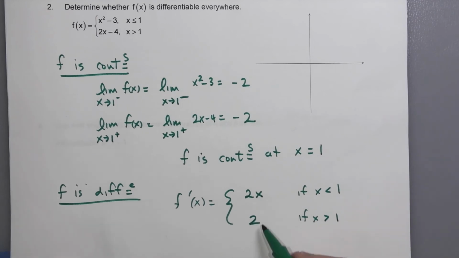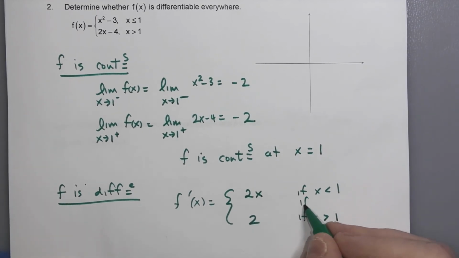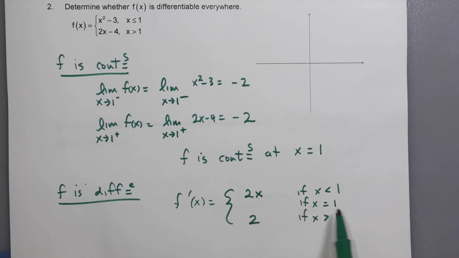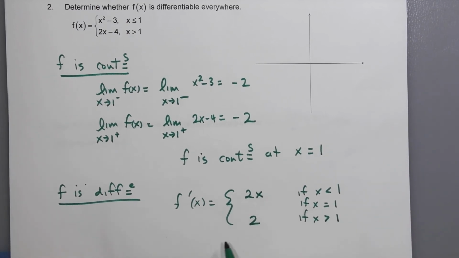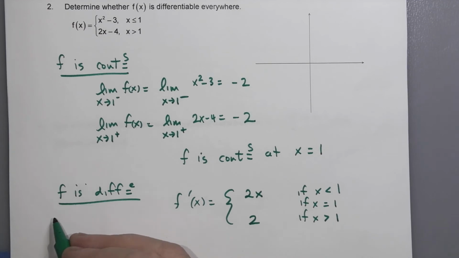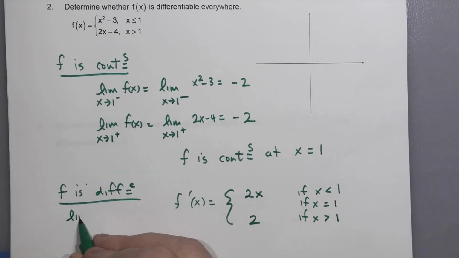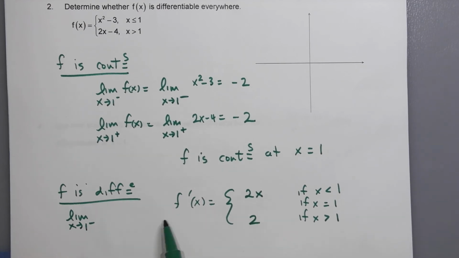So we hope that this is going to be set up in such a way that when x equals 1, we have the same number from both directions. So let's see. We're going to do a couple limits here. Let's do the limit as x approaches 1 from the left of the f prime, which is the limit as x approaches 1 from the left of 2x, and of course 2 times 1 is 2.